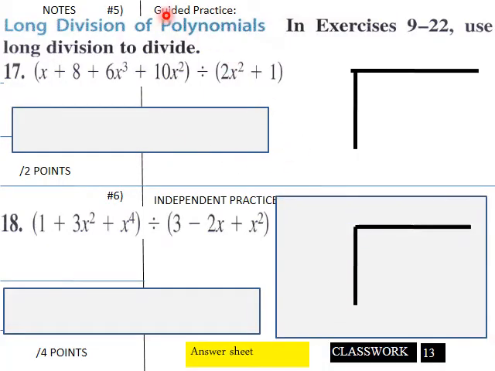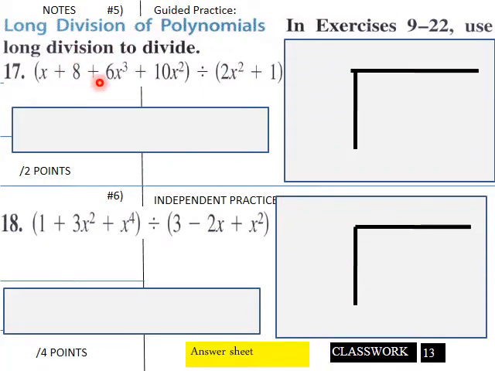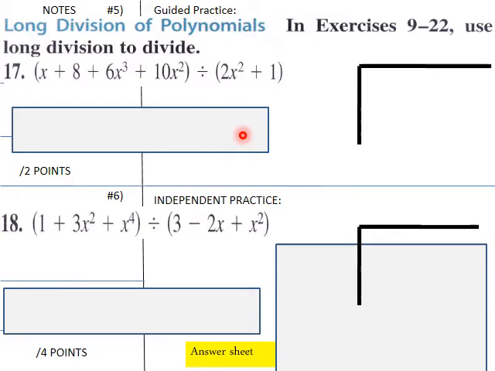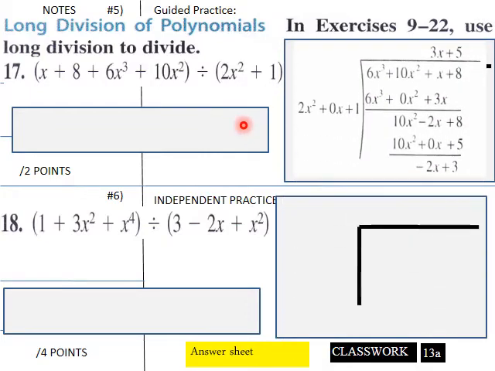We have another guided practice now to do. We're going to divide this by this. Students, this is yours down here. Okay, for a guided practice, this situation here, we put a 0x in here because we're missing an x term here, so we just stick this in here as a placekeeper for that.